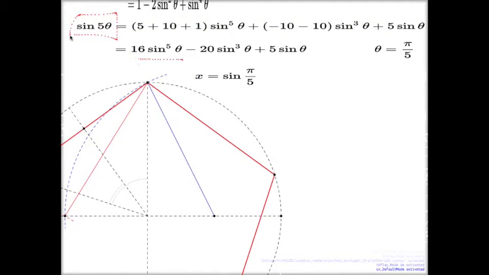On the left-hand side, we will have sine of 5 times pi on 5, which is just pi. Sine of pi is 0. So we will have some sort of equation.